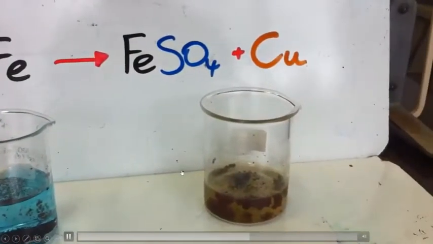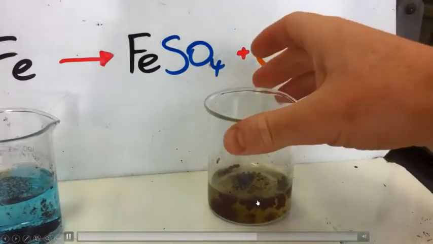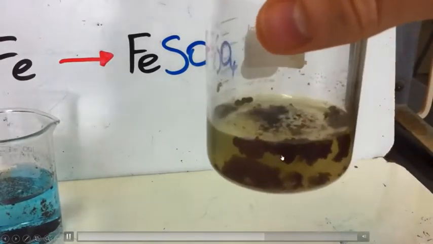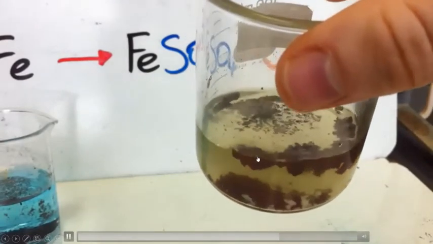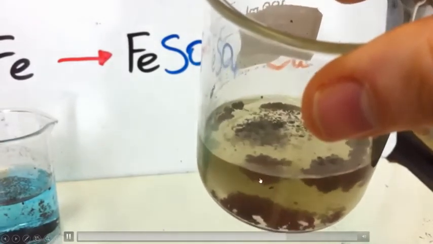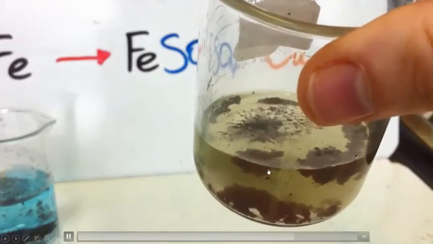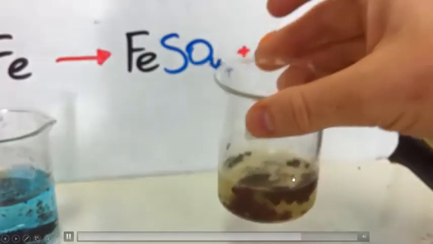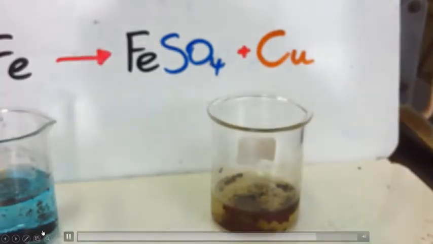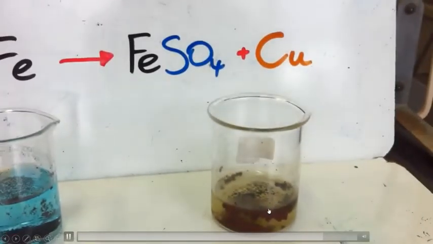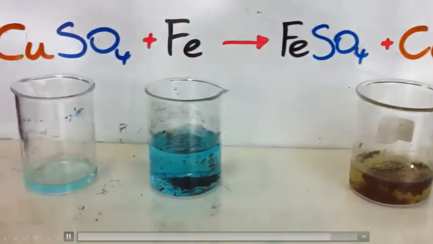After some time, look, here iron powder turns to copper and the solution becomes green. That means now the solution is ferrous sulfate. So here iron powder reacts with copper sulfate and they produce ferrous sulfate and copper. The black color iron is turned to copper color. That means these are copper dust now.